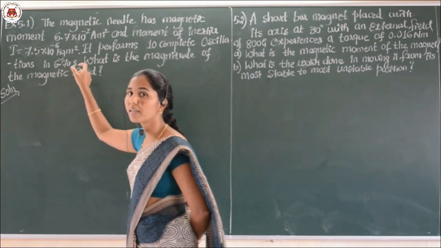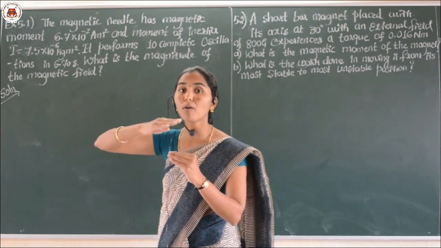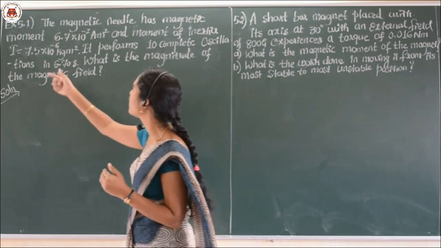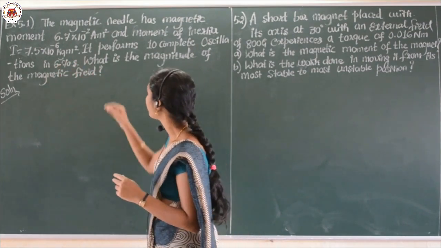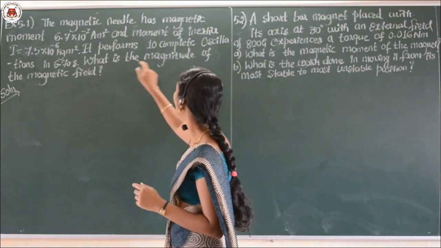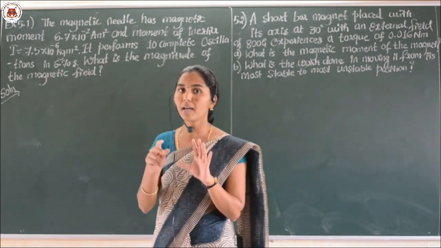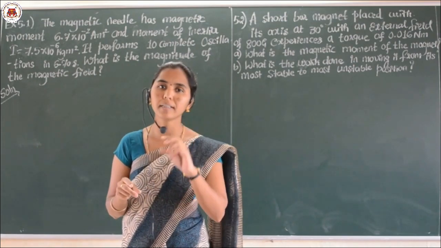See dear students, here you have to focus. The needle is showing 10 oscillations in 6.70 seconds. Then what is the magnitude of the magnetic field? The question is clear: to find the magnetic field.